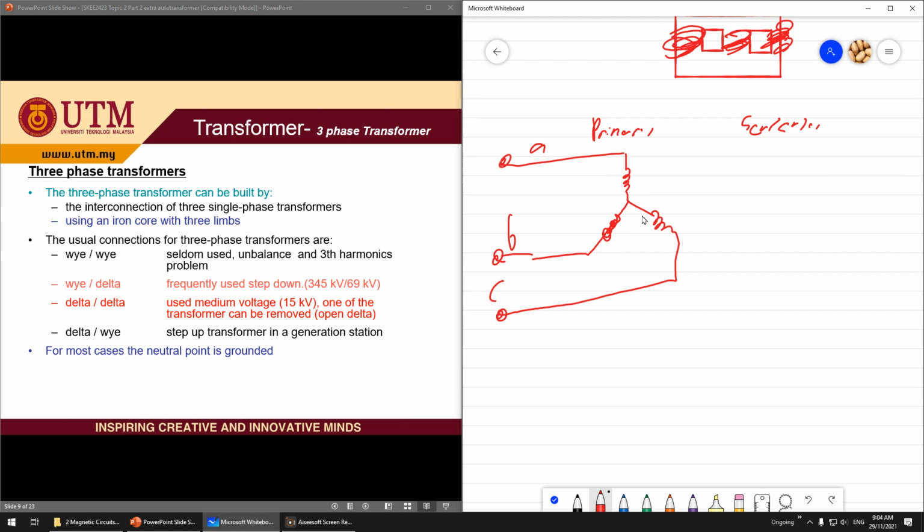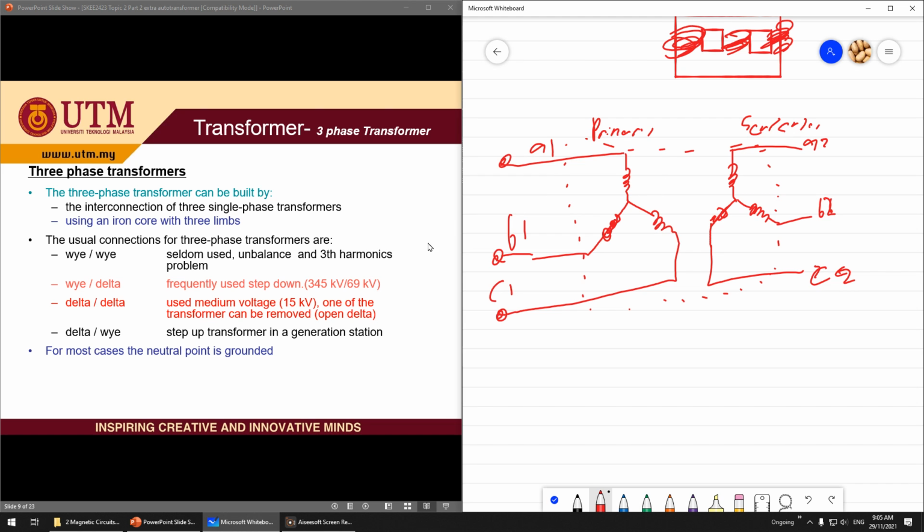Instead of using impedance, you use winding, and if it is Y-Y, it means the primary winding and secondary winding are both connected as Y connection, star connection. So this is A, B, C, and this is A2, B2, C2, the secondary winding. This is how you draw the three-phase transformer. Make sure you know how to draw this.